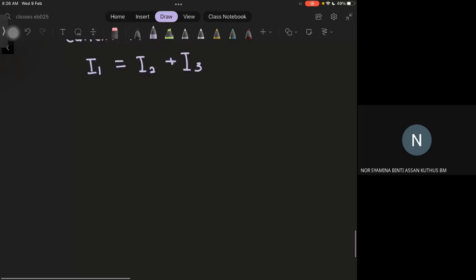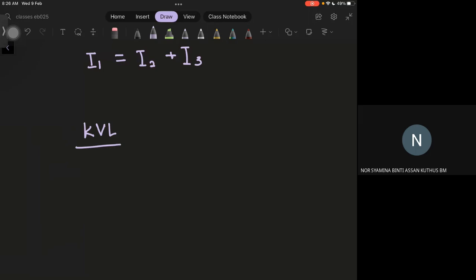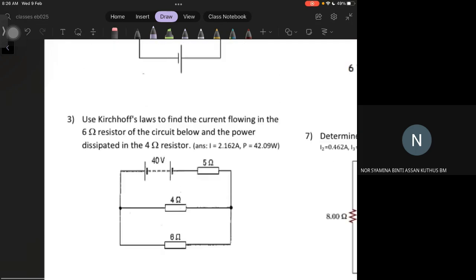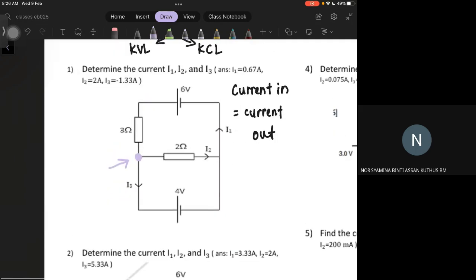So now we can use KVL. By using KVL, we need to determine loops in the question. So how many loops are in this question? There are actually more than 3 loops. But we are only going to need 2 loops sahaja untuk solve this question.